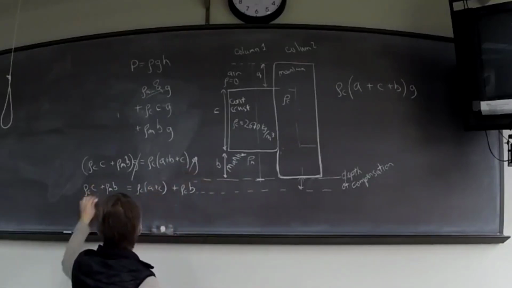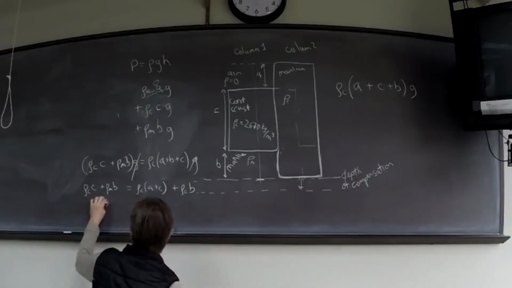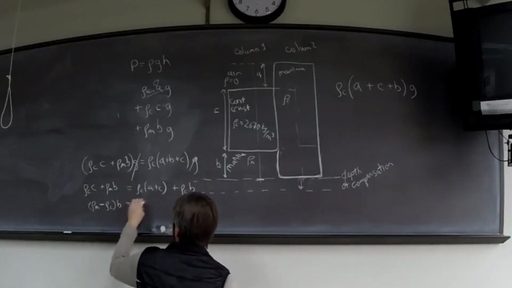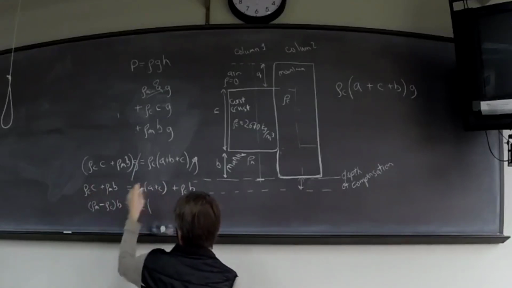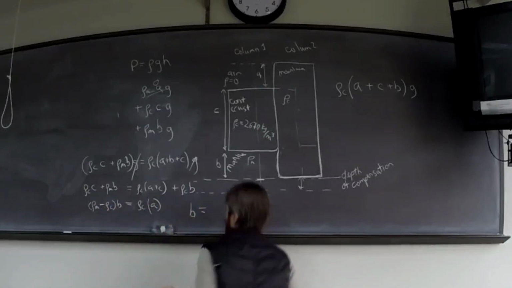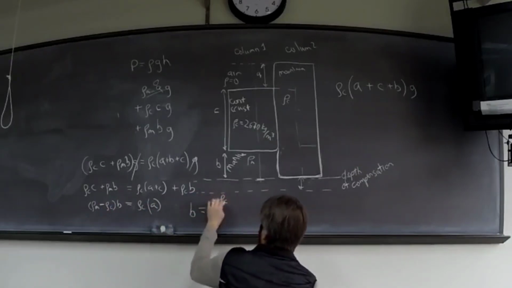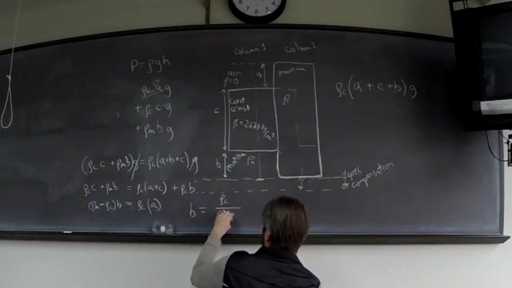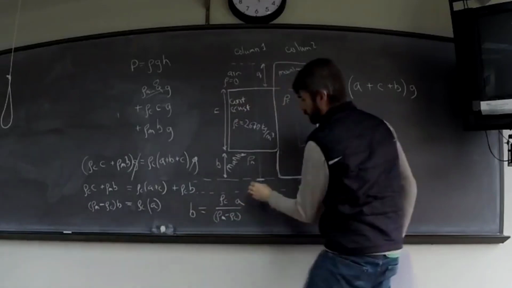So we get rho M minus rho C times B equals rho C, now the C's cancel here, times A. We divide this over, and we get B is equal to rho C over rho M minus rho C, times A.